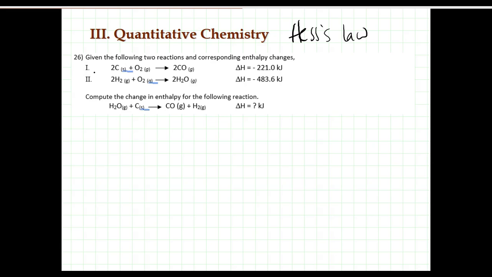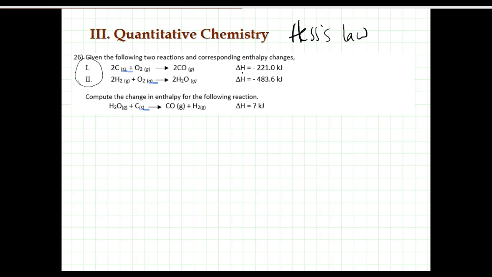So the point of Hess's law is for us to figure out energy changes that happen in chemical reactions that we either can't measure because we can't contain them or don't actually happen for real, and so they are more hypothetical. We're given a couple reactions that do happen, and for these reactions we were able to measure temperature changes. We use those temperature changes to find energy. So delta H is the energy released or gained during chemical reactions.